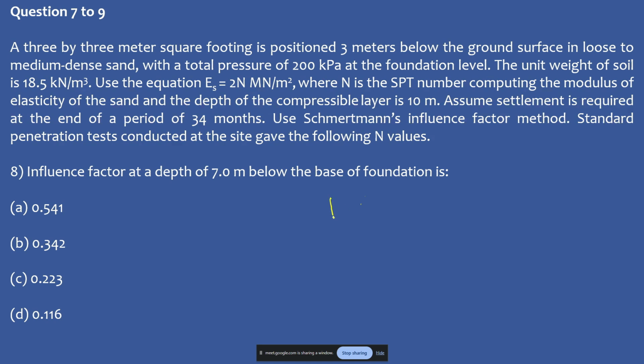Usually, if this is the influence factor diagram, and let's say at B you are having the maximum influence, it will go somewhere like this, and then we have this type of diagram. The maximum is 3 meter. And sir, maximum at B by 2, sir.